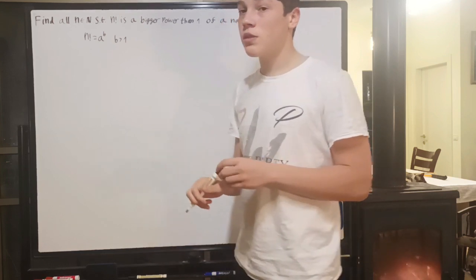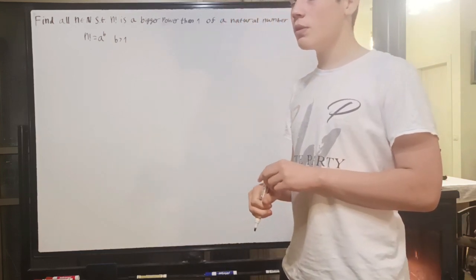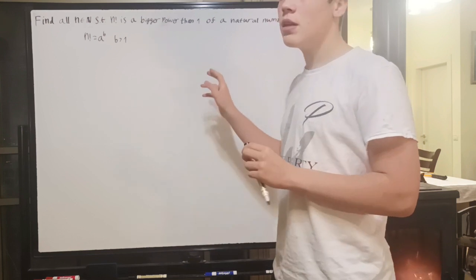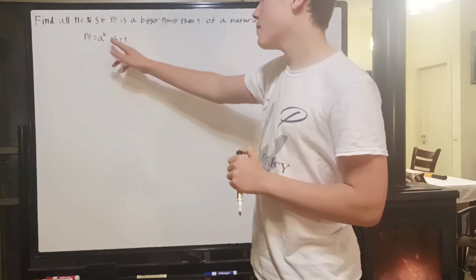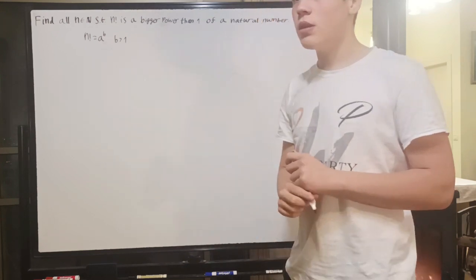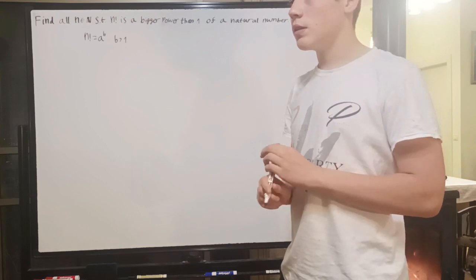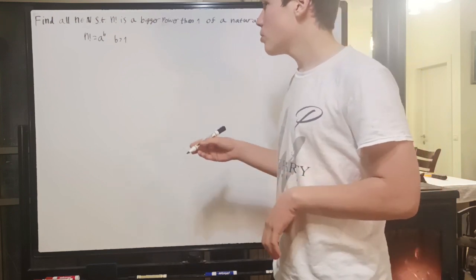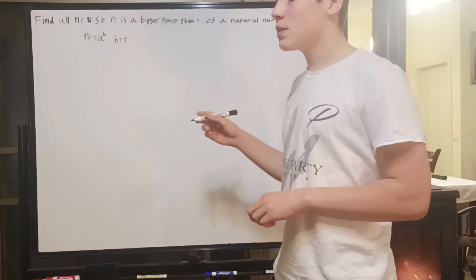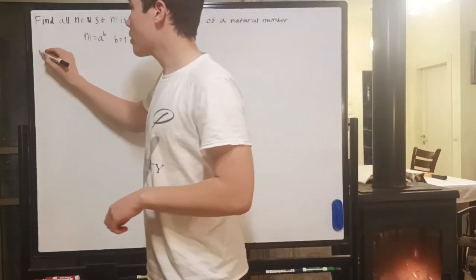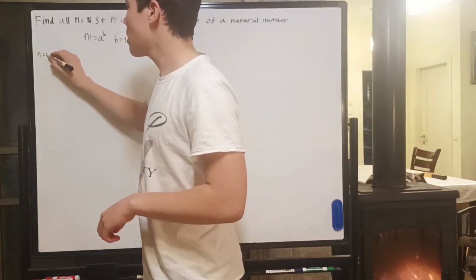So we want to find all natural numbers n such that these numbers a and b, with b bigger than 1, exist. Let's solve this by breaking it down into cases. First, an obvious case: n is equal to 1.